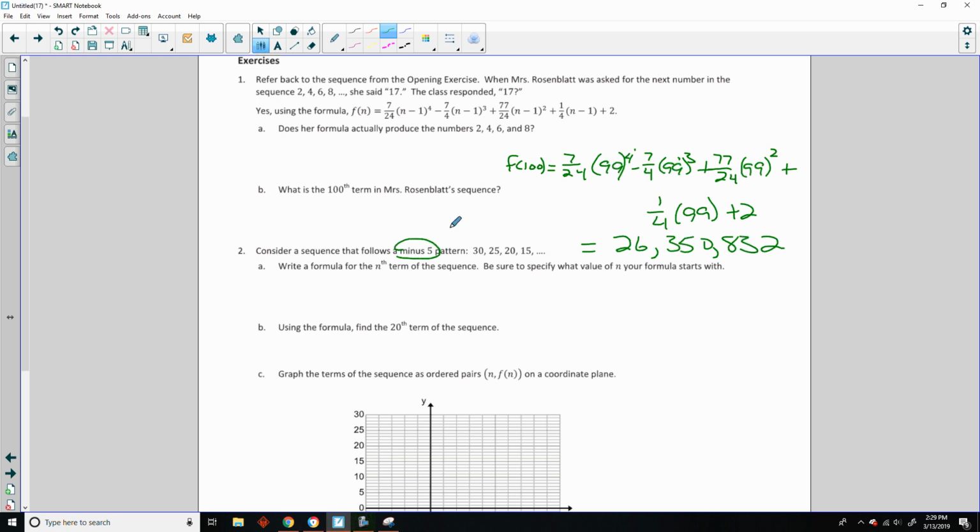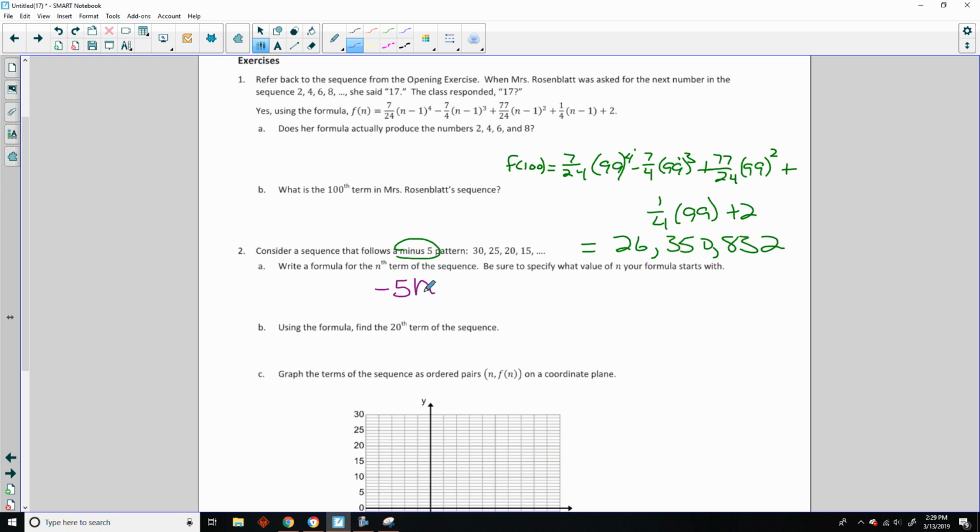We're subtracting 5 each time, so I know there's a factor of 5 in there. 5 times a number. 6 times 5 is 30, but 5 times 5 is 25, so we're decreasing as we go to the right. 5 times 4 is 20. 5 times 3 is 15. So if we're multiplying by 5, we have to subtract that product from something.